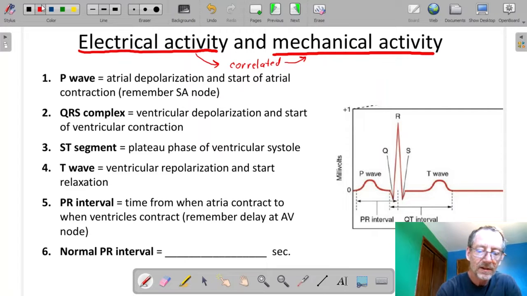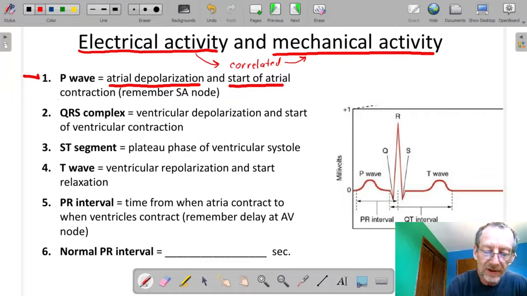Okay, so here's what's important. You know where the P wave is, and the P wave, that's the electrical piece of the story. Well, the mechanical piece of the story is that the P wave starts atrial depolarization. So that P wave is where the atria depolarize, and that begins the start of contraction or atrial systole.